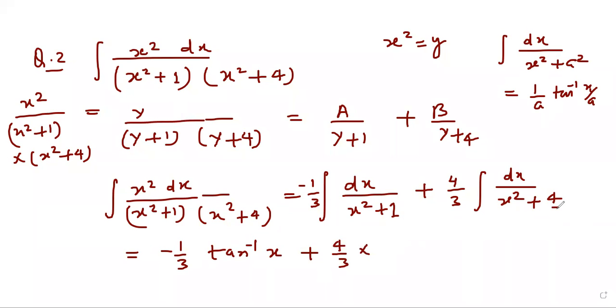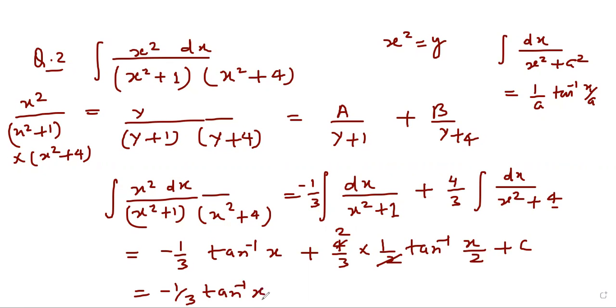This is 2 square, so a is 2, 1 upon 2 tan inverse x upon a, that is x upon 2, plus c. So minus 1 by 3 tan inverse x plus 2 by 3 tan inverse x by 2 plus c. This is our answer. Thank you for watching.